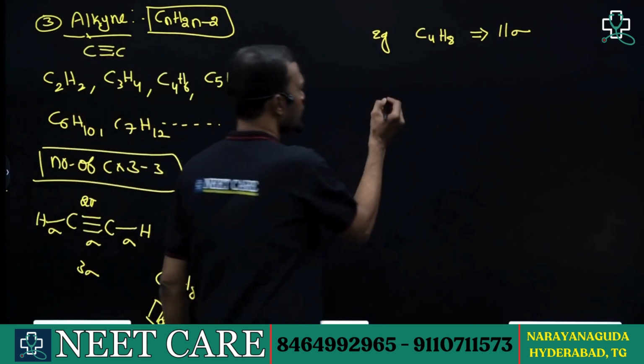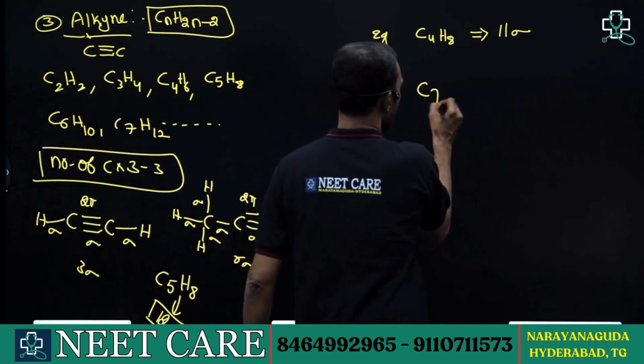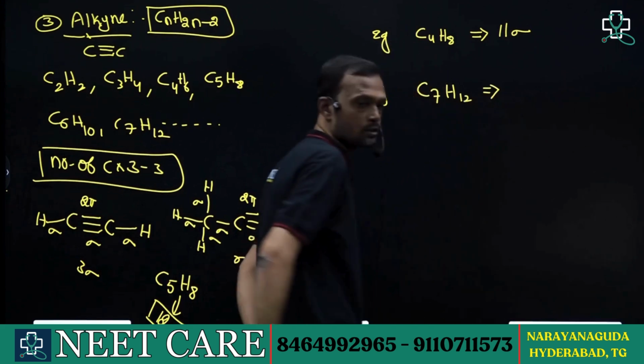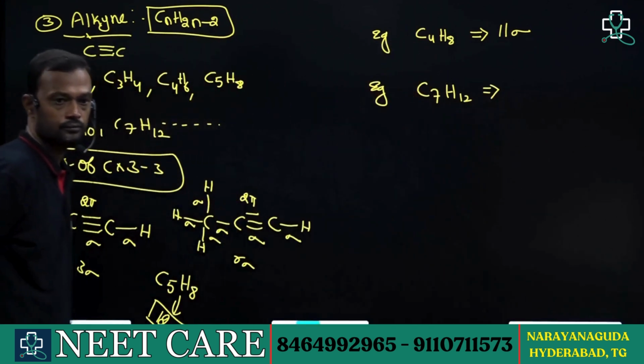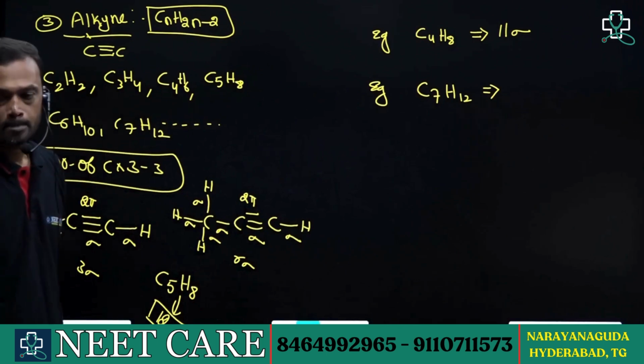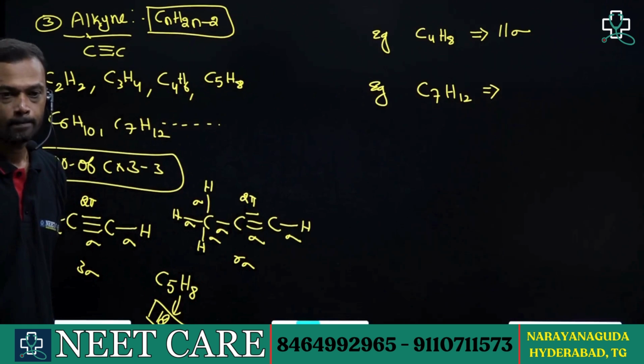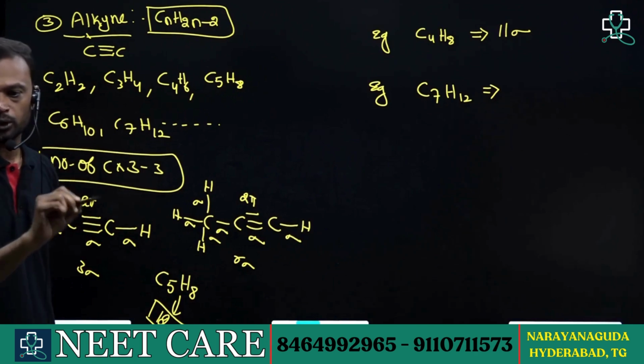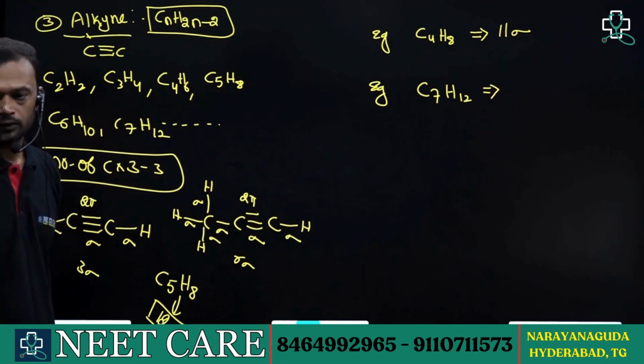Now see this. You need to give the answer for this. C7H12. How many sigmas are present in this one? They will give it like this: the number of sigma bonds present in the following molecule.